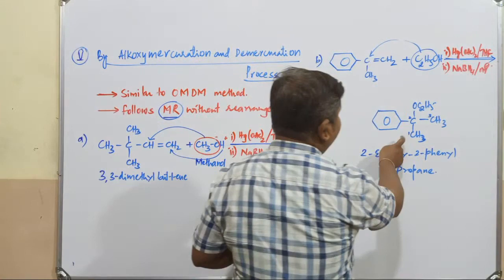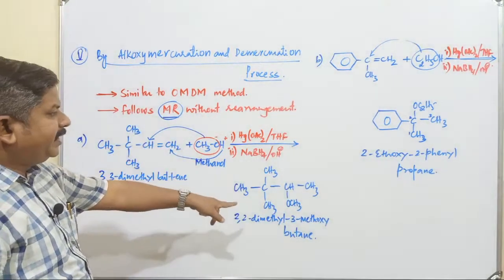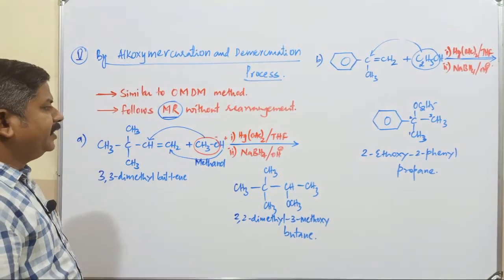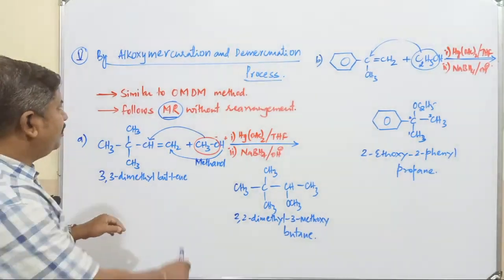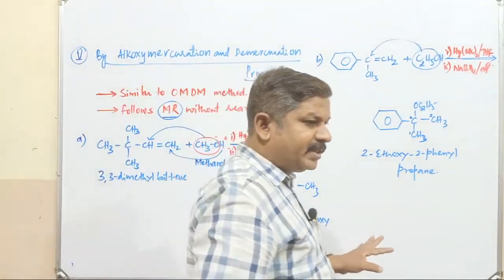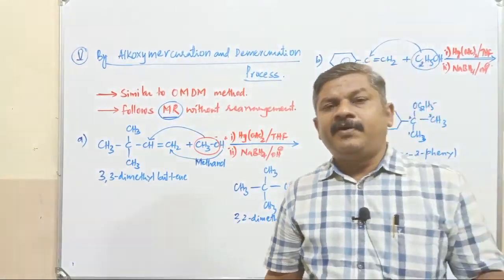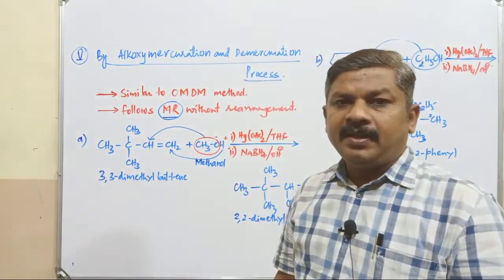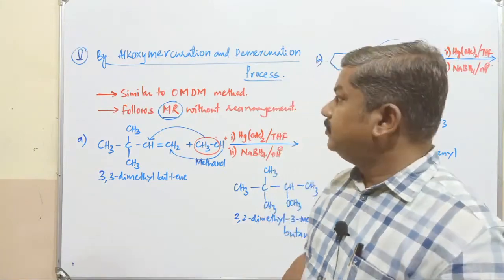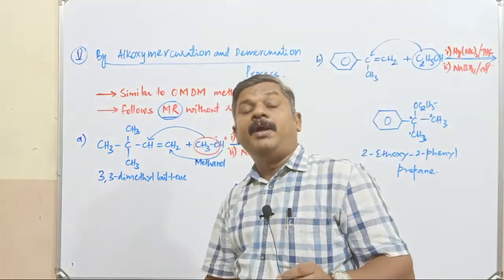Such alkenes are converted into the respective ethers by this alkoxymercuration and demercuration process. It is very simple if you remember the OMDA method. We have discussed preparation of alcohol from alkene, that is by acid catalyzed hydration, by the OMDA method, hydroboration oxidation process, and next is the OMDA method.